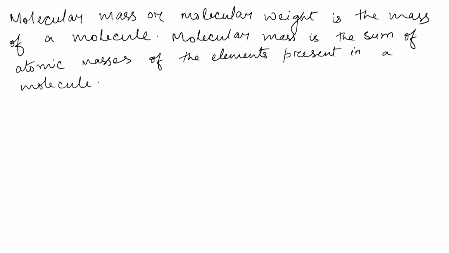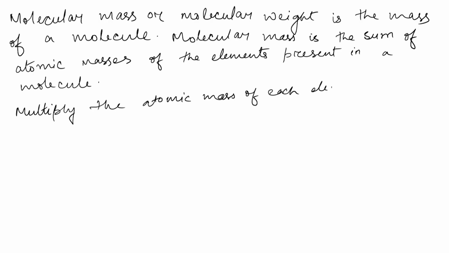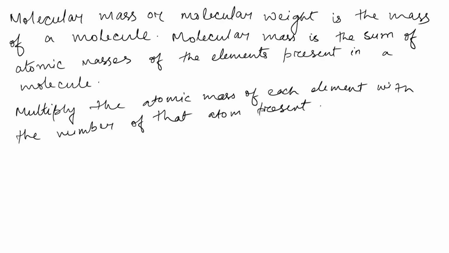So, what we have to do is multiply the atomic mass of each element with the number of atoms of that element present in the molecule.